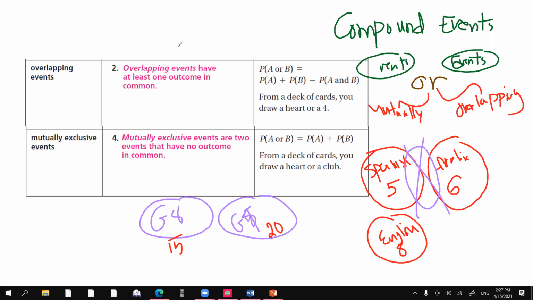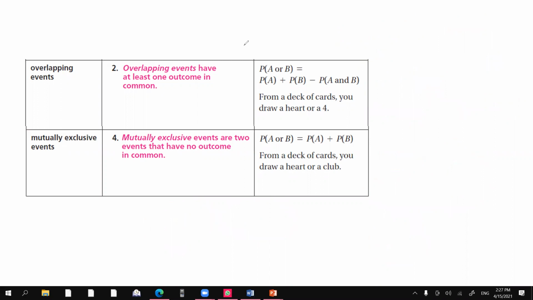Now, the second one, overlapping events. Overlapping is when you have a common outcome between 2 things. As an example, I ask you, what is your favorite color? One of you says red. I ask you now to choose 2 colors.